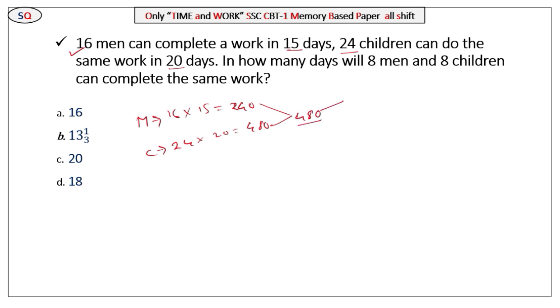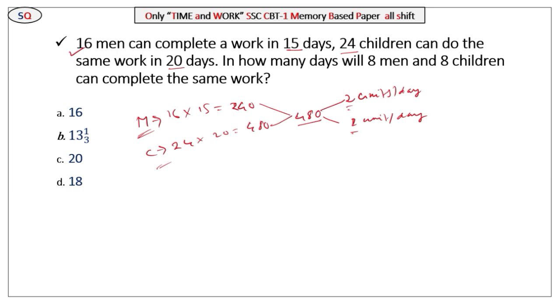Now men can do in 1 day how much? 2 units per day. Now children can do 1 unit per day. So now we got the men 2, children 1.